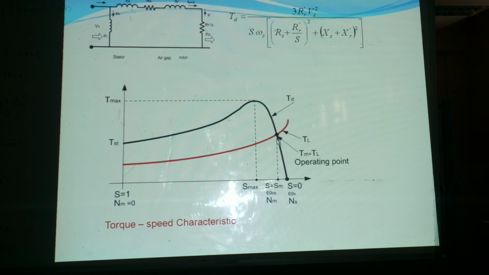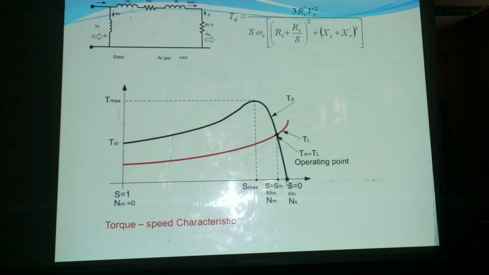torque developed also decreases. Finally, once slip becomes 0, that is, if rotor speed becomes synchronous speed, it is not possible for an induction motor. What happens if the rotor catches the synchronous speed?